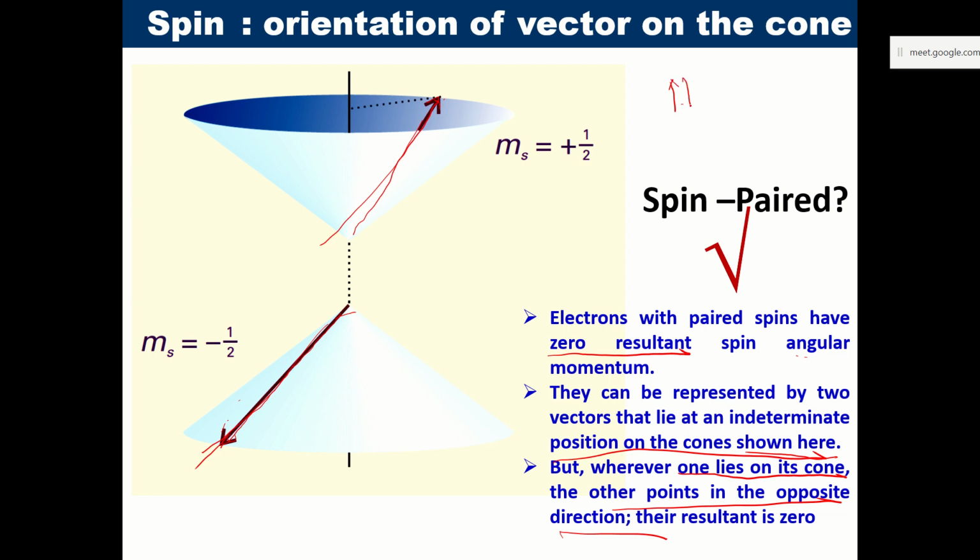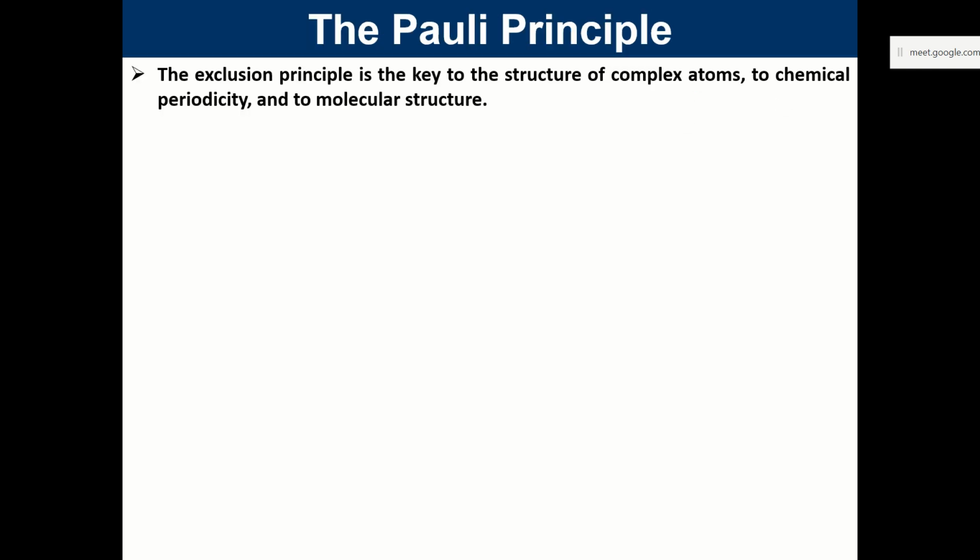The xy component was not cancelling; you were just not considering it at all, right? So now if you view it in totality, the spin angular momentum vector is oriented like this, and we have to account for the total cancellation of the spin angular momentum, not just the z component. This is how we do it.